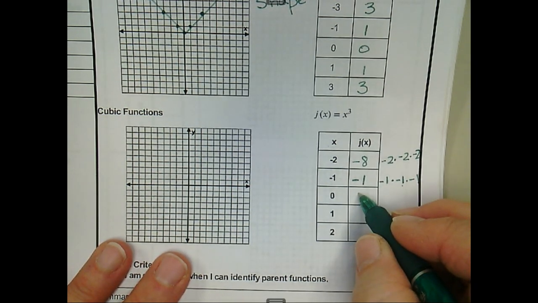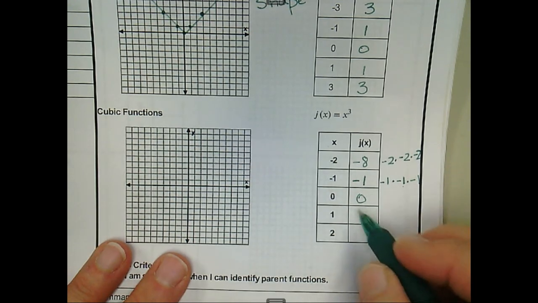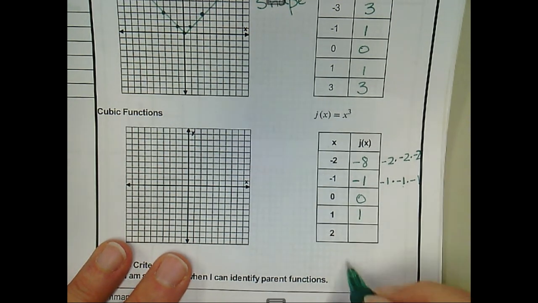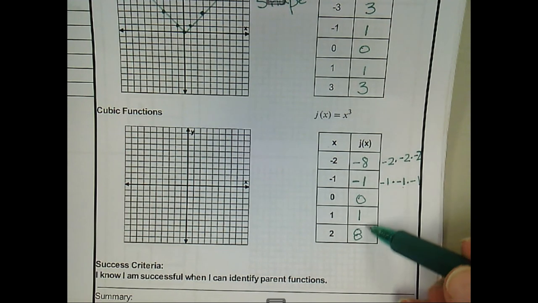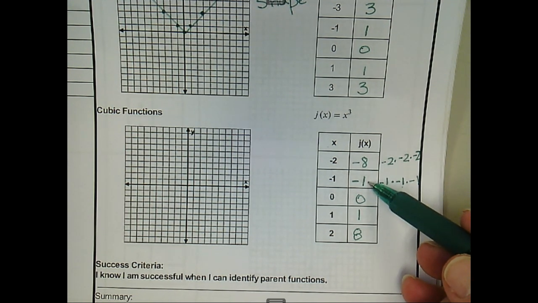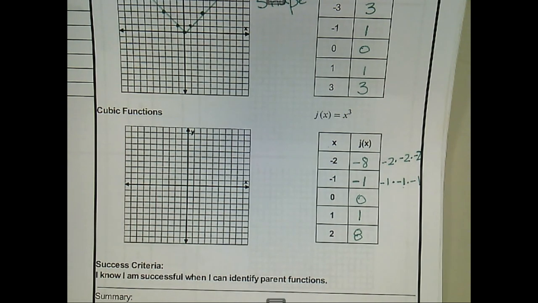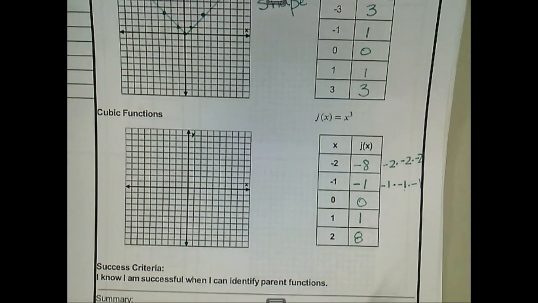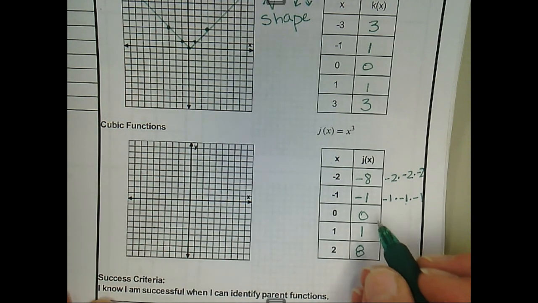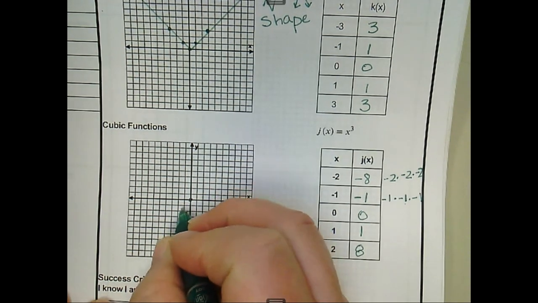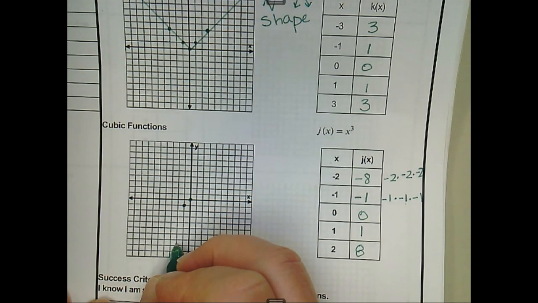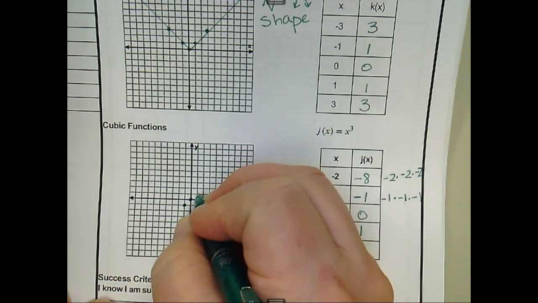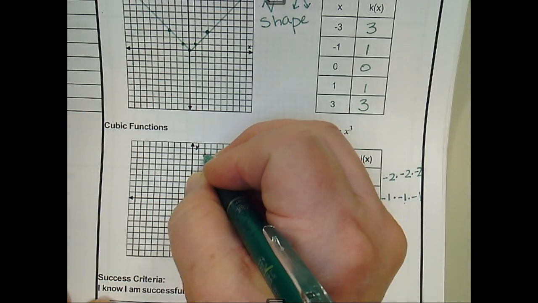0 multiplied by itself 3 times is 0. 1 times 1 times 1 is 1. 2 times 2 is 4, times 2 again is 8. So the numbers repeat only. You go from negative to positive. So this kind of looks like an elongated S. If I'm looking at this, here's 0, 0, 1, -1, and then 2 is clear down here at 8. 1, 1, 2 is clear up here at 8.